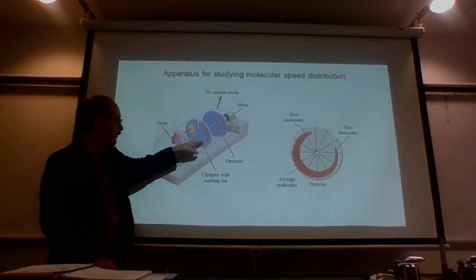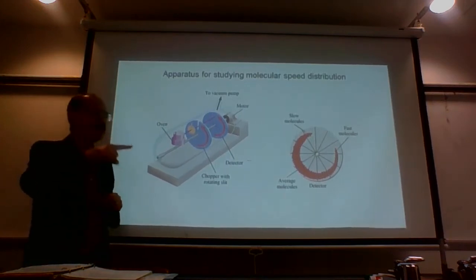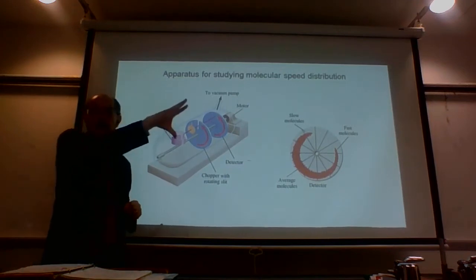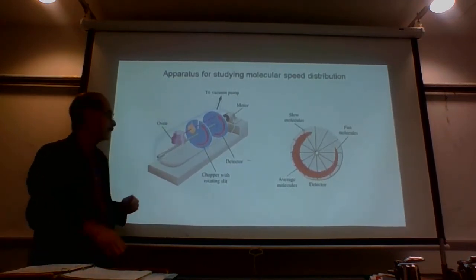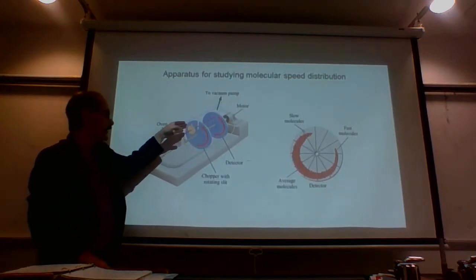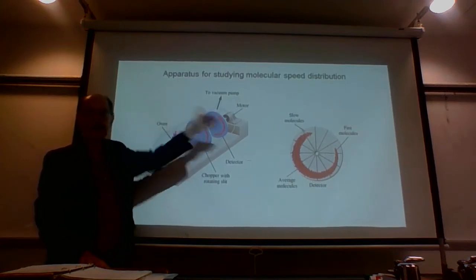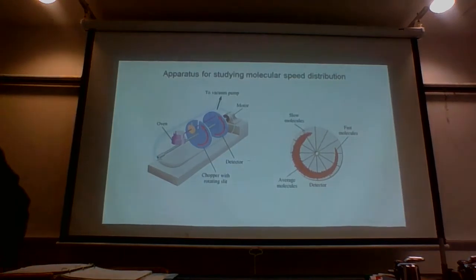So essentially, because the slit is rotating at a certain speed, it allows passage of little bursts of particles of gas every so often. But because it's all rotating at the same speed, each burst is coming at the same rate, like boom, boom, boom, boom, right?